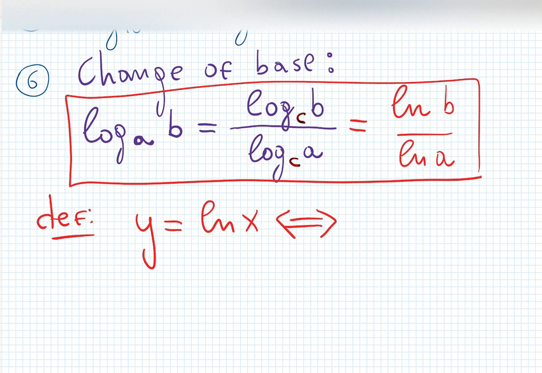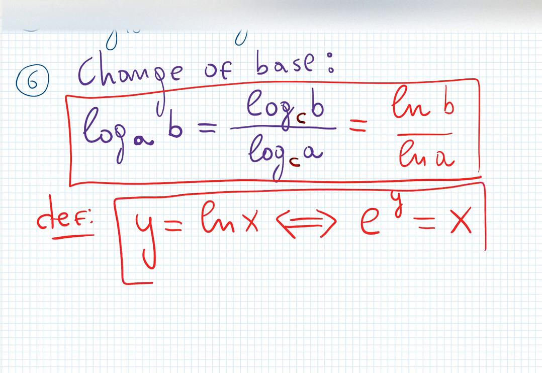Of course, there is a definition here, but also you can explain it this way. e to the y equals, what is e to the log of x? If e undoes log, just x. And this is a definition. This is how you do it.